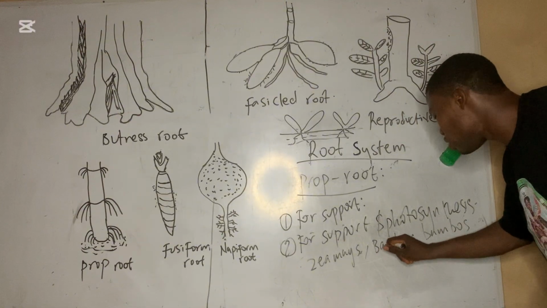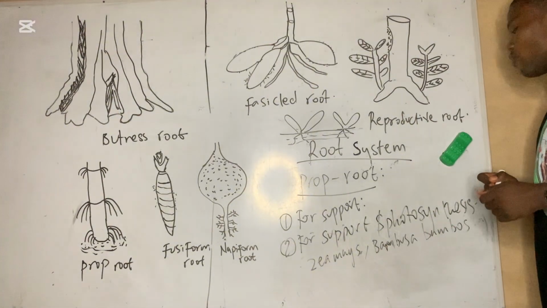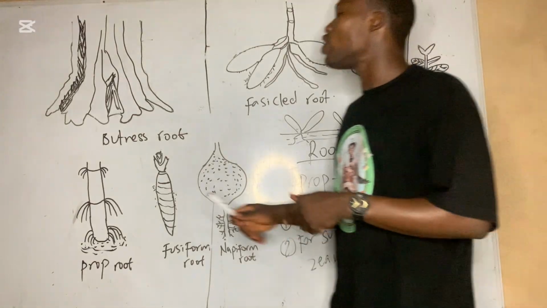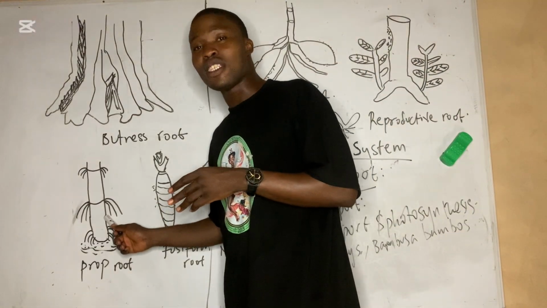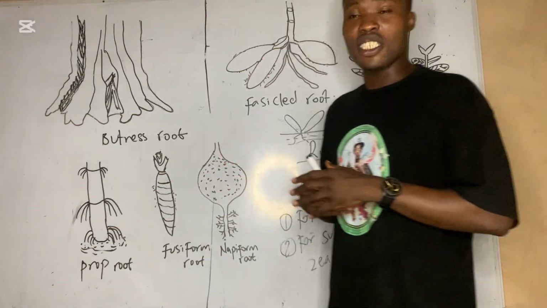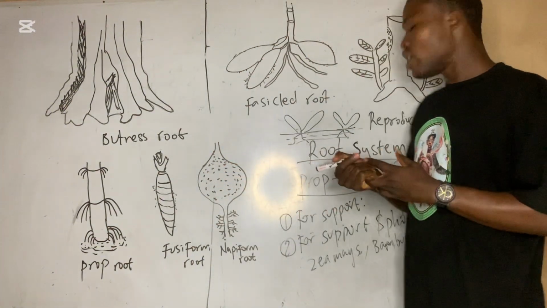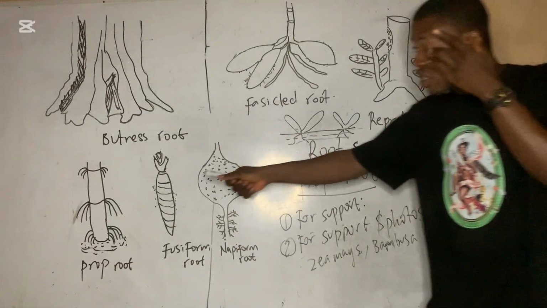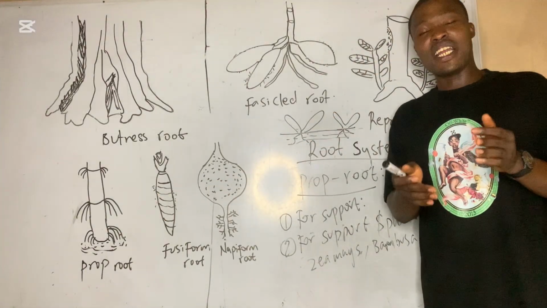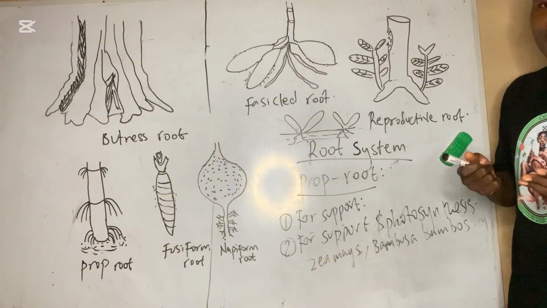So not just support, but both support and photosynthesis. One of the main functions of this root in these plants, like corn, this maize, is both support and photosynthesis. If you have seen a bamboo before, this particular prop root is very abundant in the bamboo stem. It can be green and can help to carry out photosynthesis.